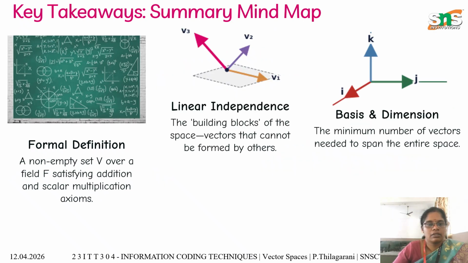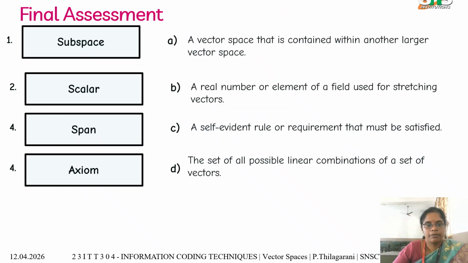Key takeaways. Formal definition: a non-empty set V over a field F satisfying addition and scalar multiplication axioms. Linear independence: the building blocks of the space, a vector that cannot be formed by others. Basis and dimension: the minimum number of vectors needed to span the entire space.